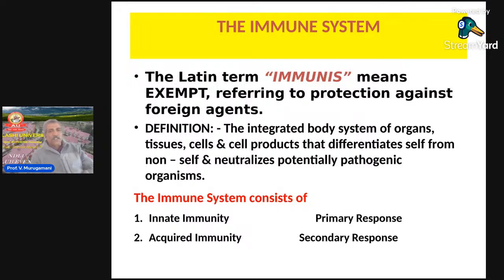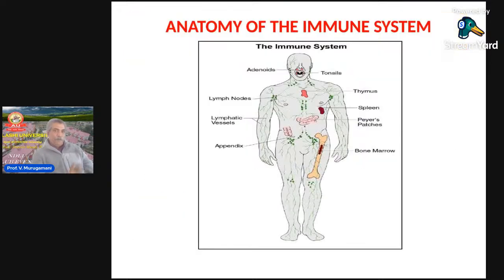Innate immunity is the immunity we get from the mother to the child, based on memory that already existed in the mother and reached the child. Acquired immunity is the immunity acquired in the human body through vaccination or previous infection by a particular microorganism.